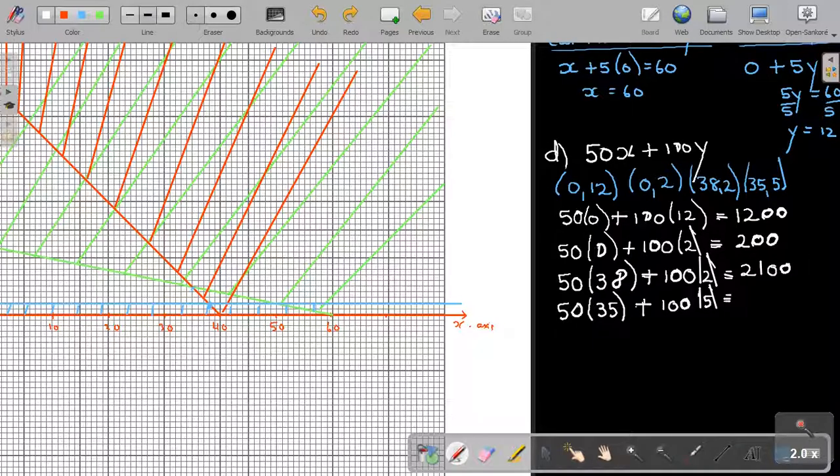And that's 50 times 35 plus that 500, and that will be 2,250. Okay, I'm just struggling with the pen, but it's all right. And read the question again.